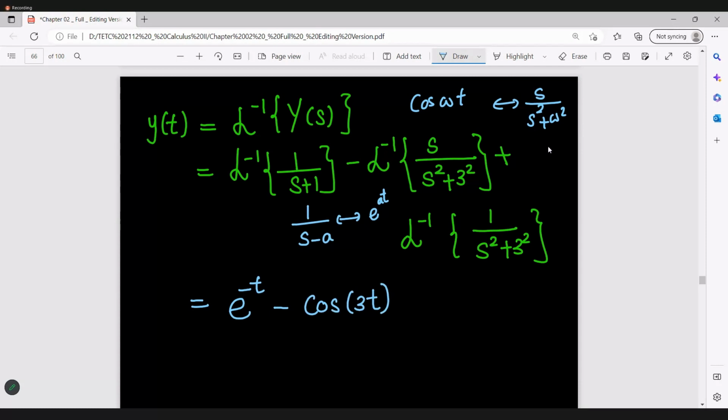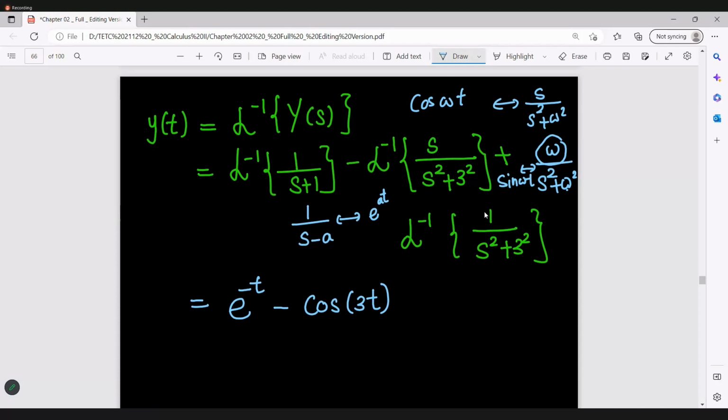And the next one, if we have omega over s squared plus omega squared, then the respective inverse Laplace transform is sine omega t. So here, if we compare this denominator with this denominator, what is the value of omega? 3. But in the numerator, it should be another omega, and here there is no 3 term there.